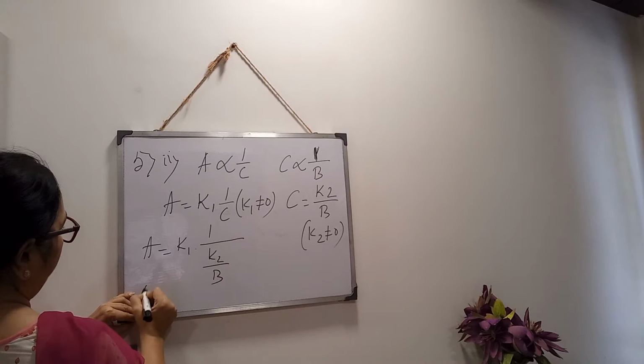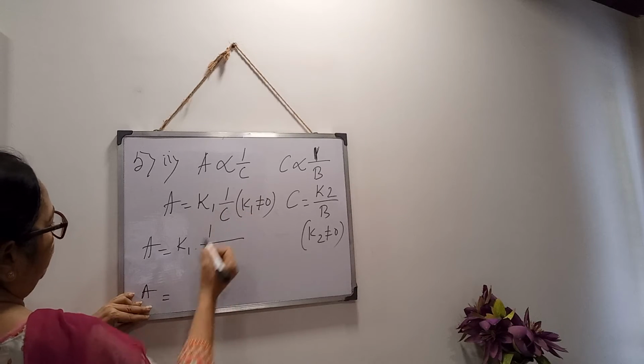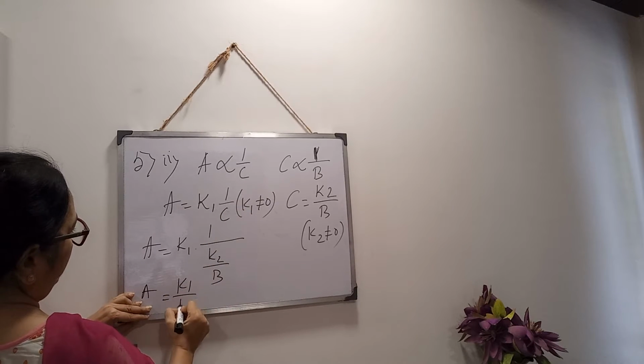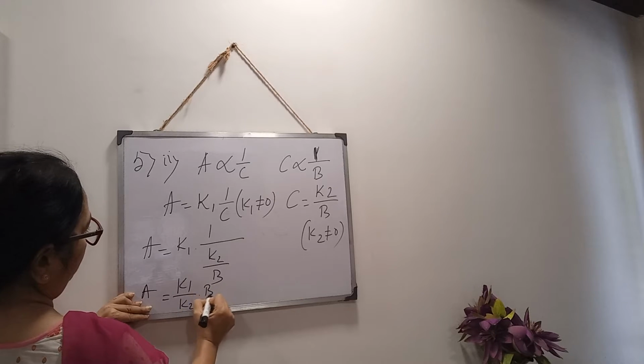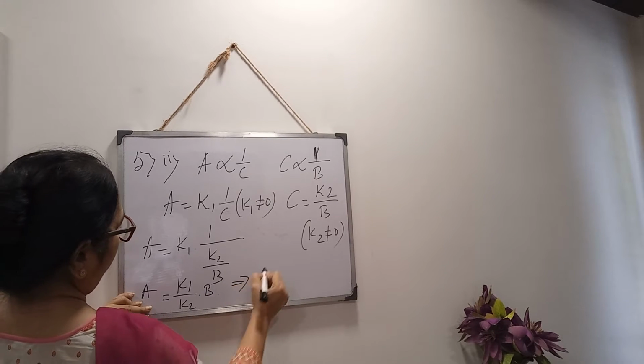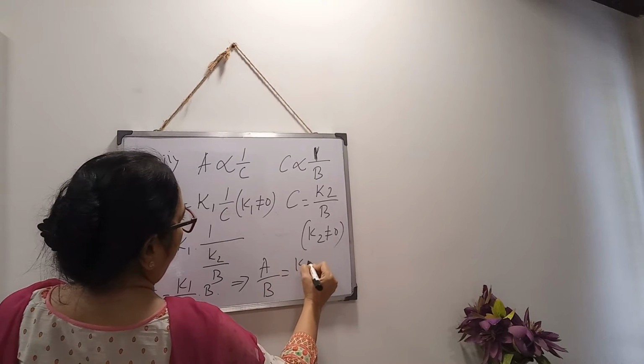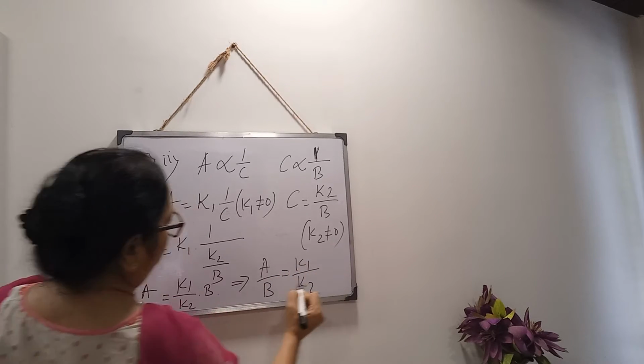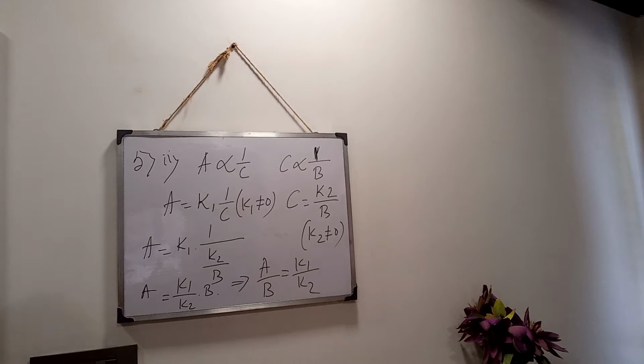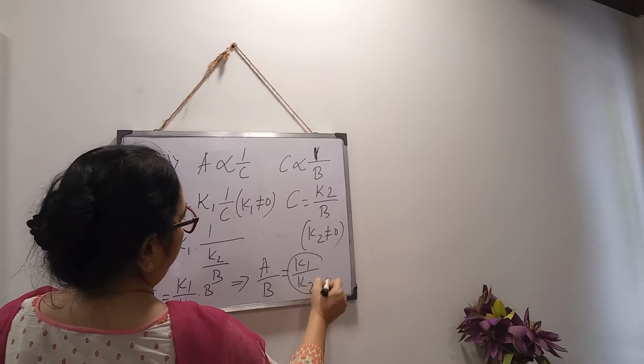Then A equals K1 by K2 into B. Therefore, we can write A by B equals K1 by K2. Now, the right hand side K1 by K2 is a constant.